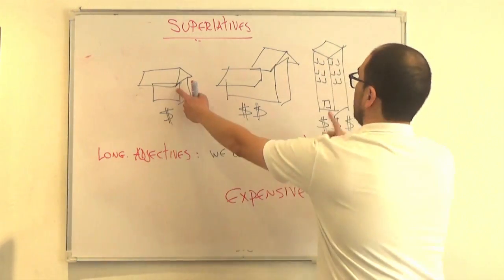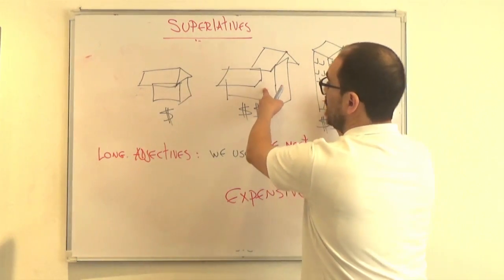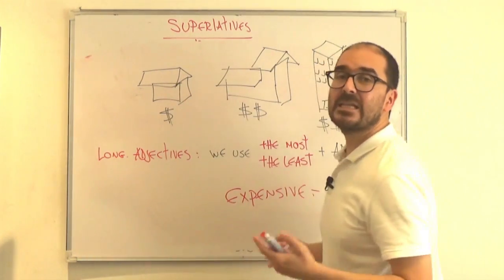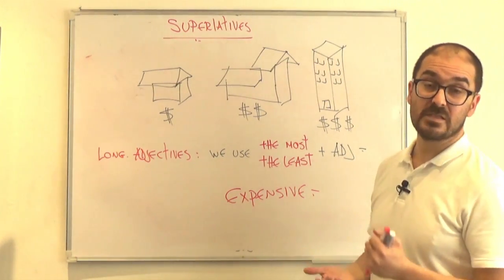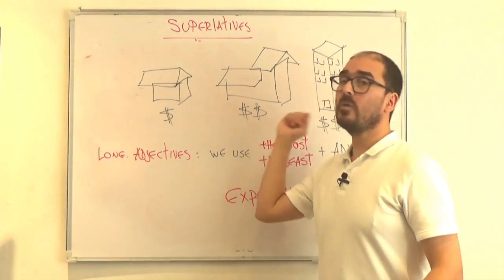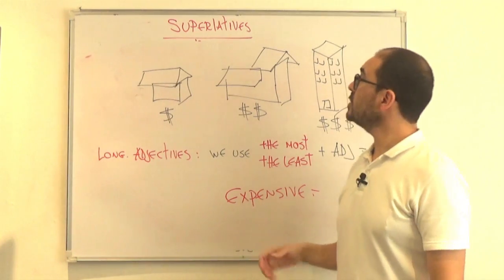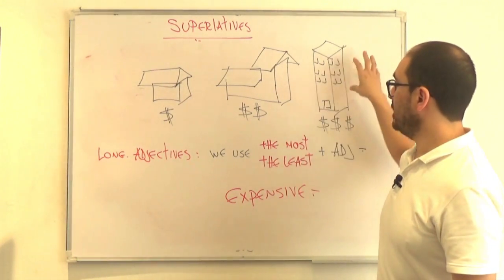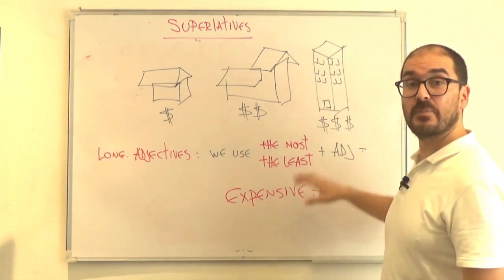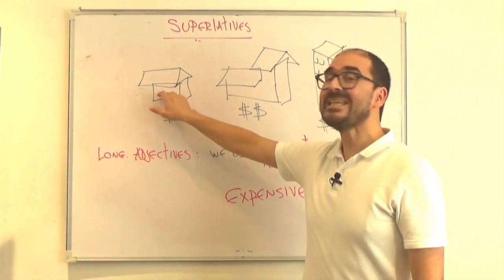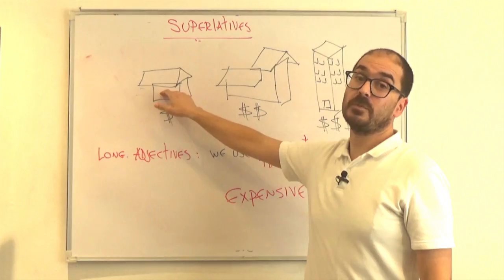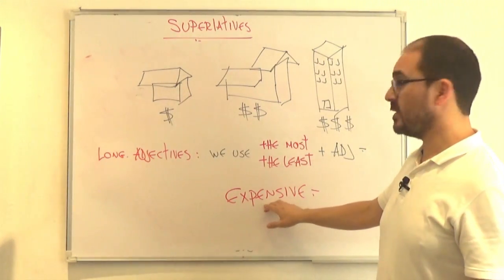We can compare this and this, we can compare this and this, we can compare this and this, and in that case we just use comparatives. But I'm going to insist on this idea, when comparing more than two items at once, we're going to use this formula. We talk about the most expensive item, and then we talk about the least expensive item from the group. Okay? So this is how we do it.